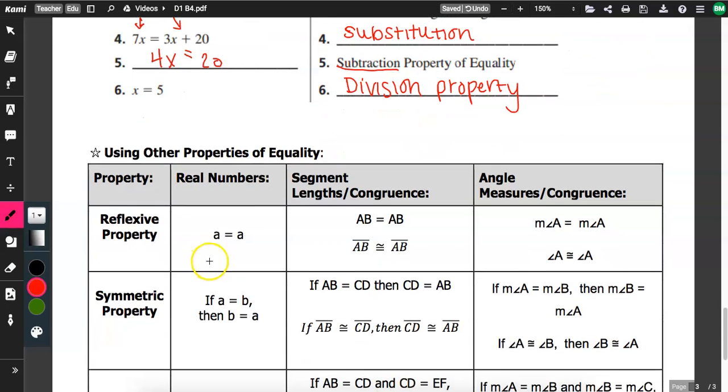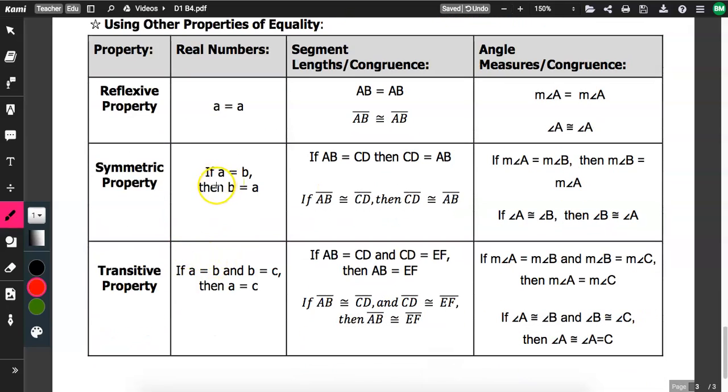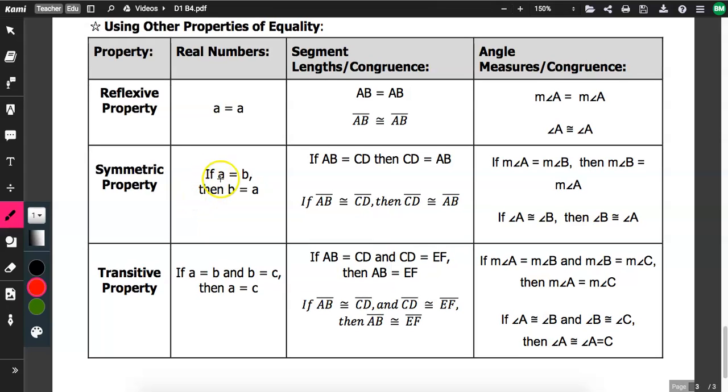is some properties of equality. Lots of stuff on here. I'm just going to point out what you need to take away from all of this text. Our reflexive property, we use a ton. We'll use it a lot later in the second week of this course, but it just says that something is equal to itself, right? So the number A equals A. Segment AB is congruent to segment AB.